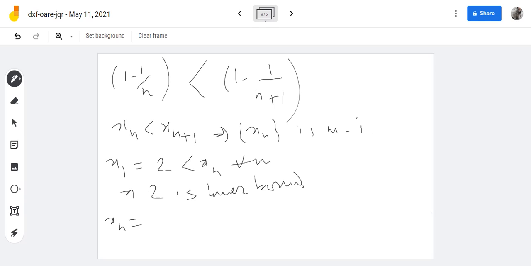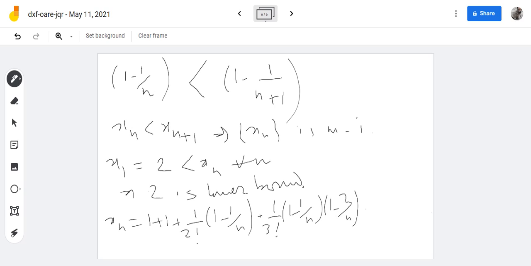Now what if this sequence xn was given as 1 plus 1 plus 1 by factorial 2, 1 minus 1 by n, plus 1 by factorial 3, 1 minus 1 by n and 1 minus 2 by n, dot dot dot, and that last term. Okay, now if I don't write this, I'll just write factorial 2, factorial 3, and similarly factorial n.